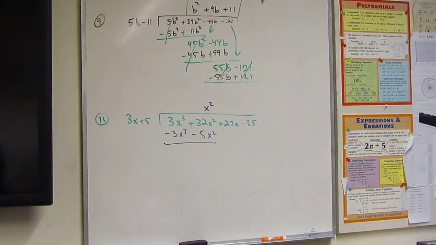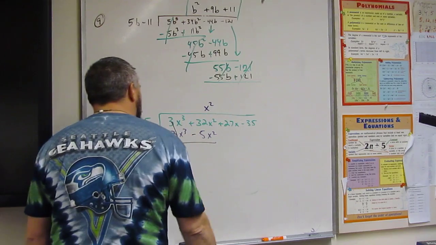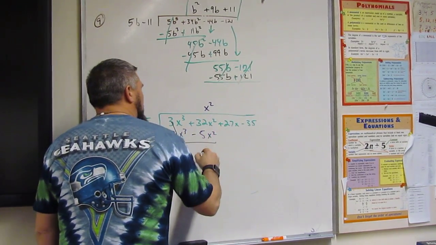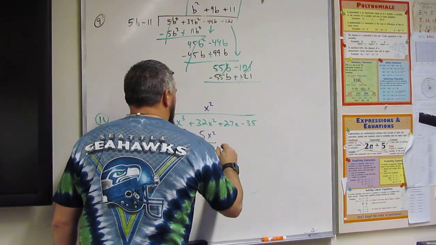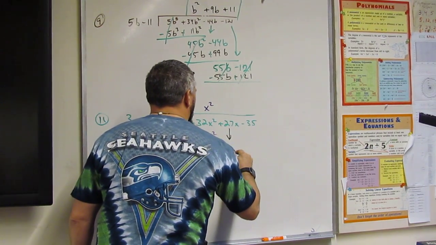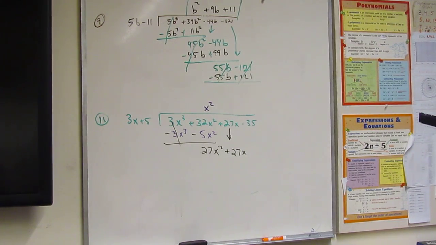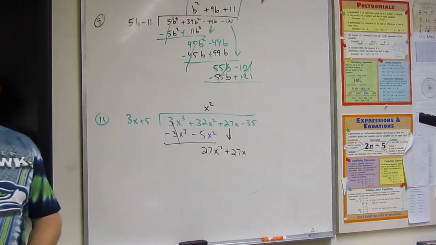Then these cancel, which is good. This becomes 27x squared. This comes down plus 27x. What times 3 is 27? 9. See where this is going? As long as you know it goes into it, you did it right.